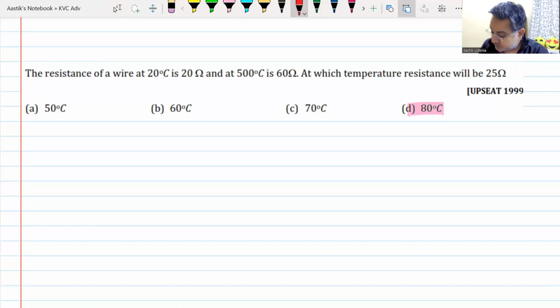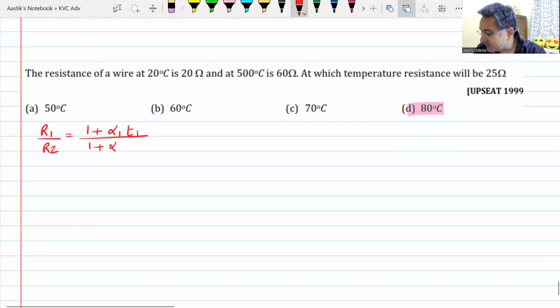So, to do this, you must remember this formula: R1 by R2 is (1 plus alpha into T1) divided by (1 plus alpha into T2). Why am I writing alpha 1 and alpha 2? Even my brain is not working properly today.